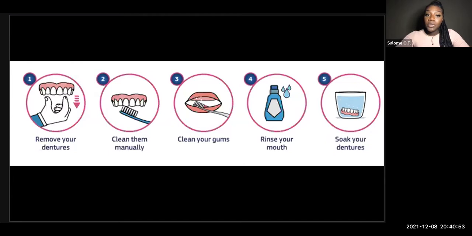You clean your gums with the toothbrush. Just because there's no teeth doesn't mean you don't brush. So you have to make sure you brush around your gums, you rinse it out, and then you put it in a container. Usually they give you a container that you can use, or else you can use a glass or any container you want and clean it with the solution overnight. And then you allow your gums and your teeth to breathe.